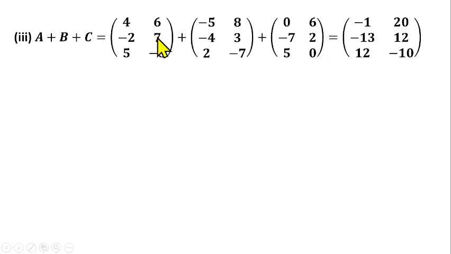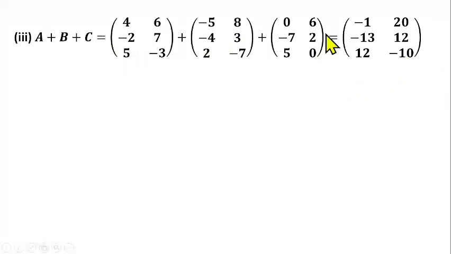We have a 7 plus 3, that will give us a 10, plus 2, that will give us a 12. We have a 5 plus 2, that will give us 7, plus 5, that will give us a 12. We have minus 3 plus minus 7, that will give us a minus 10, plus 0, that will give us minus 10.